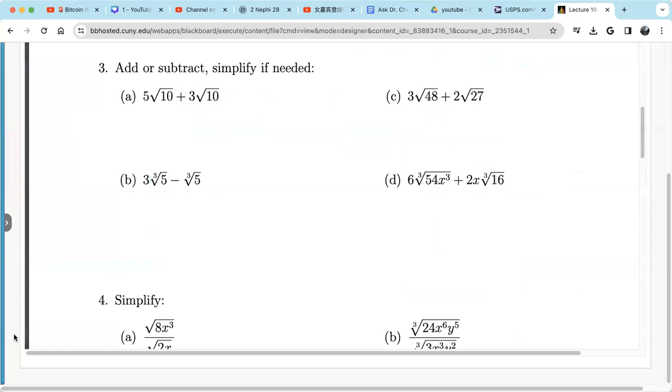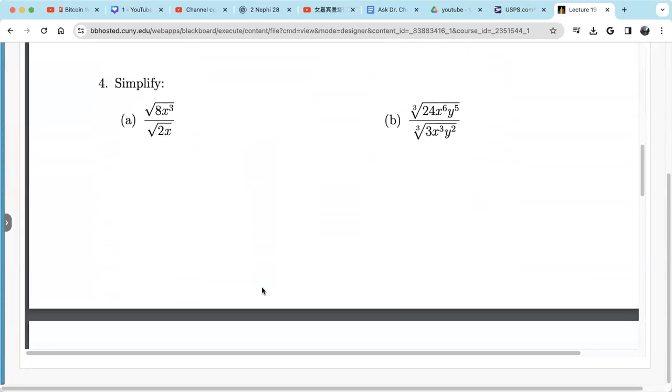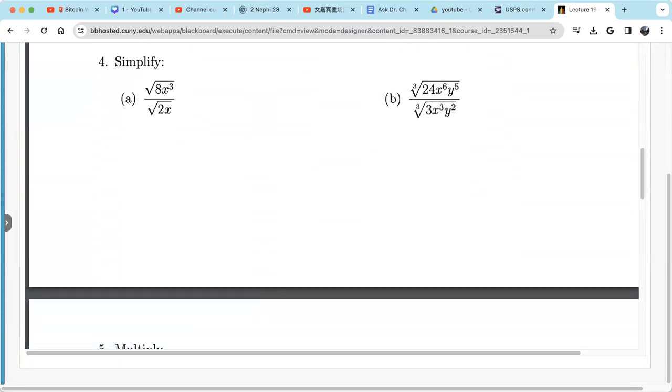Now let's see 4, division. So division. Let's see A. Both are under square root, so we can pull this numerator and denominator under the same square root sign.